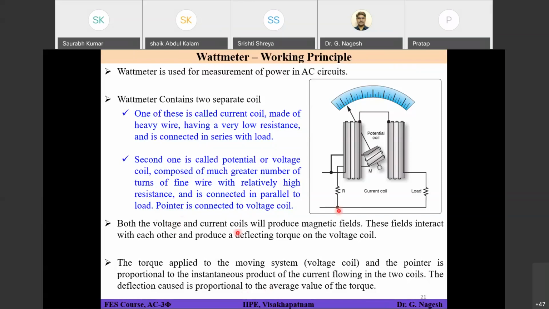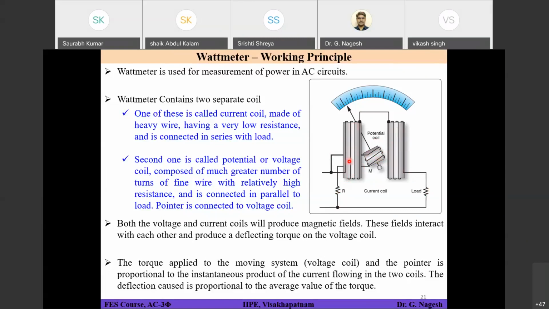If you see here in the circuit, one thick wire is there, connected in this fashion, and it is coming here. This coil is connected in series. This center coil, which is written as potential coil, is connected in parallel to the load, and the other one is connected to the load in series.